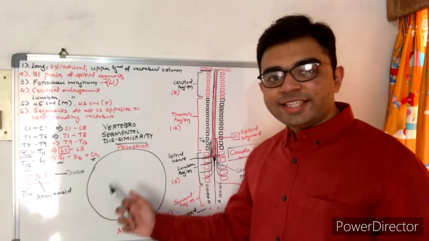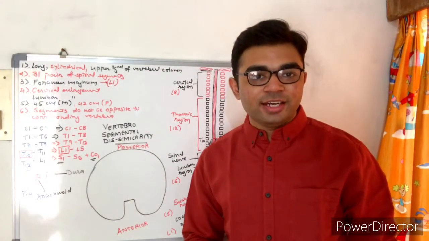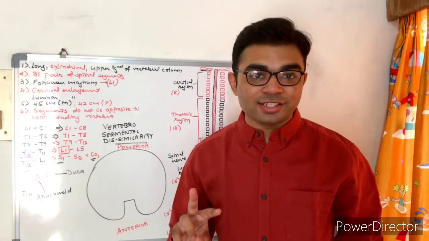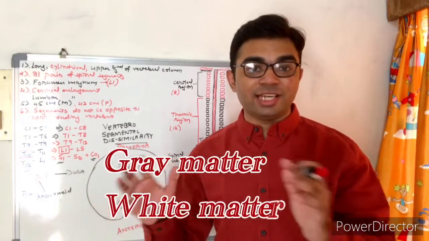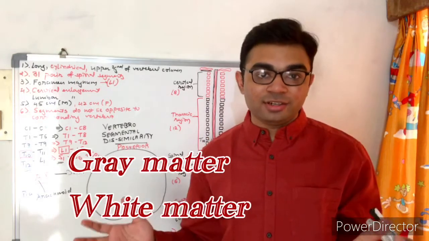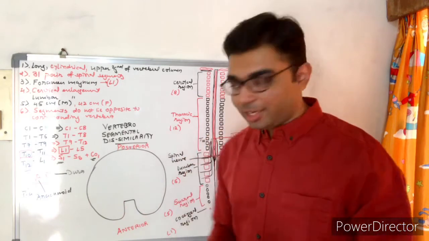Now inside this particular cross-sectional area of the spinal cord, there are 2 different areas termed the grey matter as well as the white matter. Grey matter lies in the center, and the white matter lies in the peripheral portion of the spinal segment.